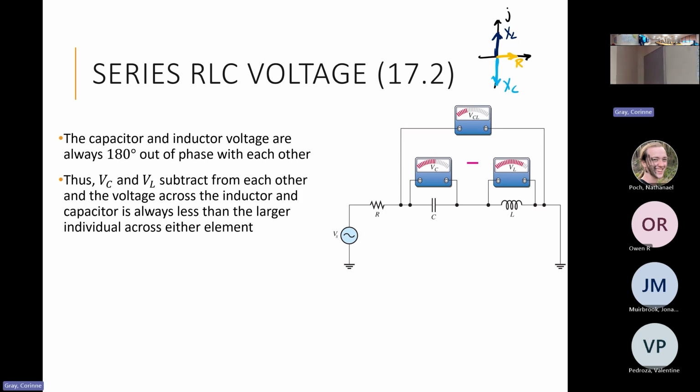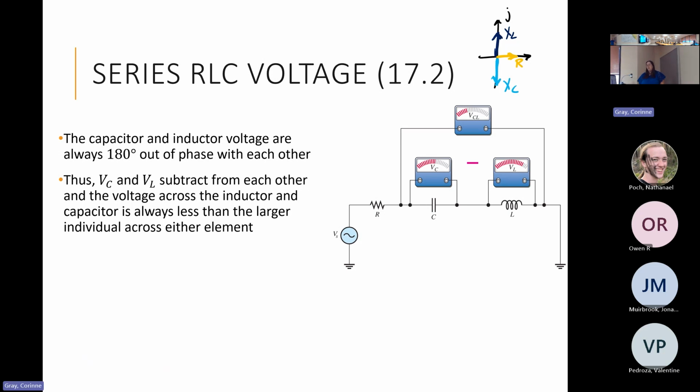We have a resistor, it's doing resistor things, it's just passively existing. With the capacitor and the inductor here, they are out of phase. So I wouldn't simply just go through and add the different values together. I'm going to have to subtract one from the other.